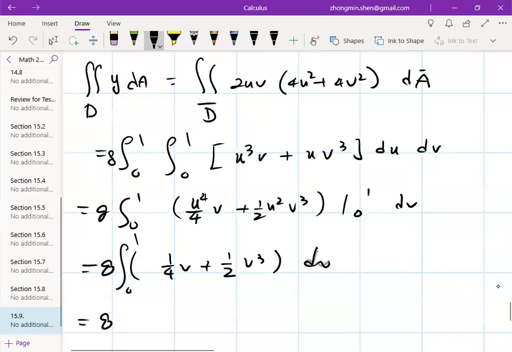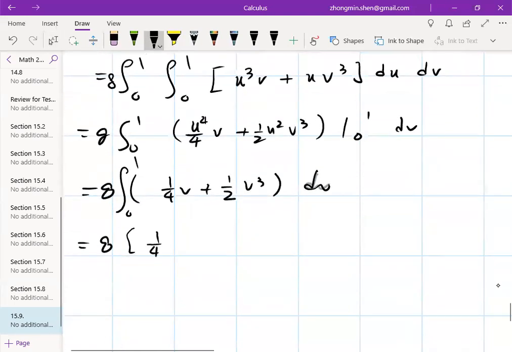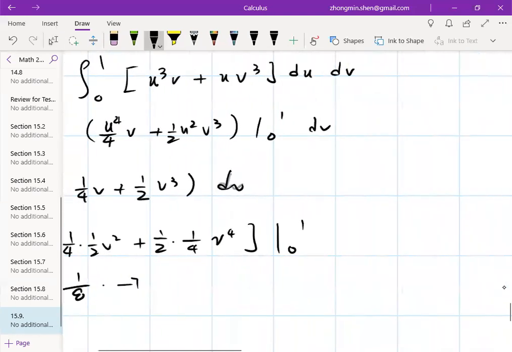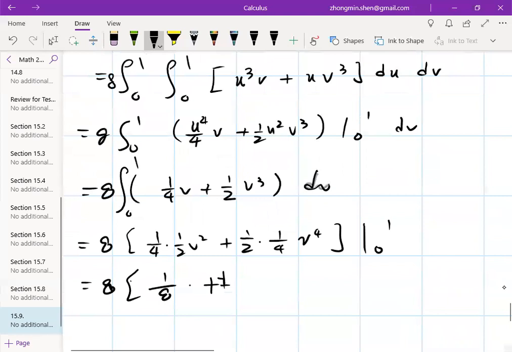Then you find the antiderivative of the function inside: a quarter of 1/2 v squared, and 1/2 quarter v to the 4th power. Finally you get 1/8 plus 1/8. So the answer is 2. So this is the same answer. All right, let me look at another problem, a problem from the book.